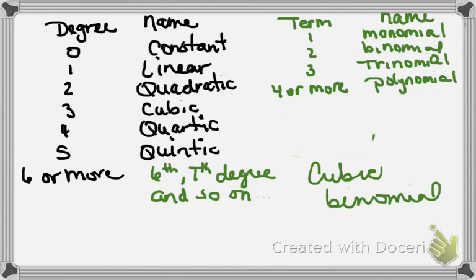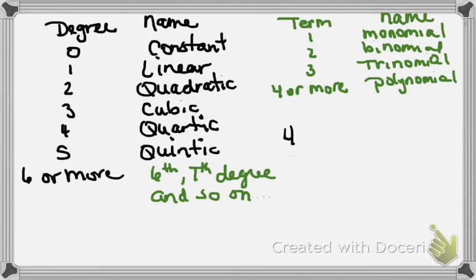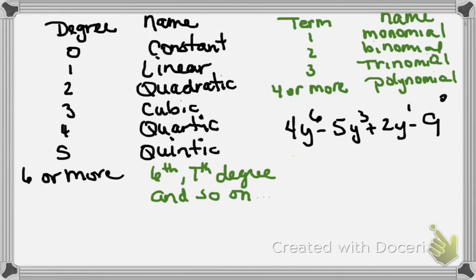So let's do a couple more, and then we'll be done. All right, so let's try this one here. Oops, I wrote my y like a 6. All right, so now I need to look at the highest degree. It looks like this one's a 1, and this one's a 0, because there's no variable there.